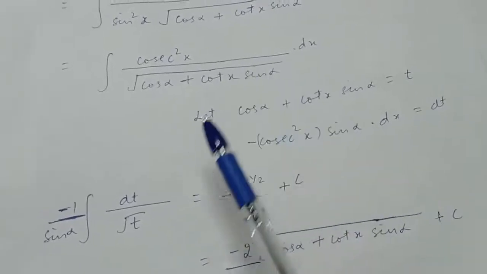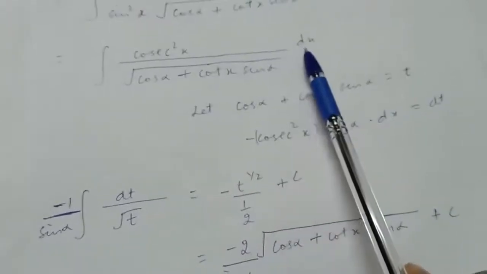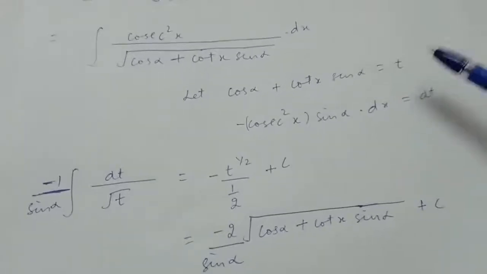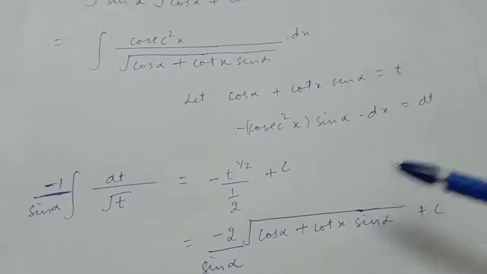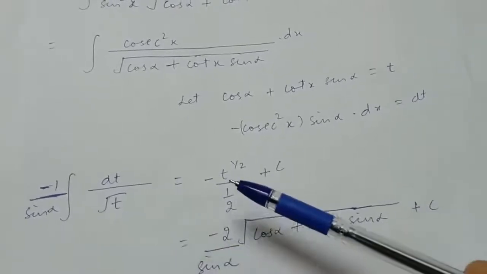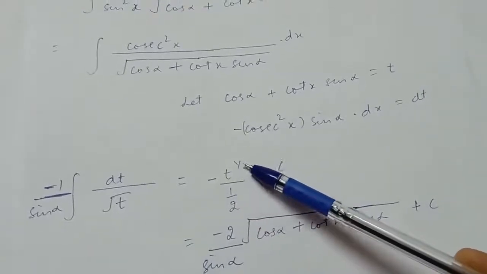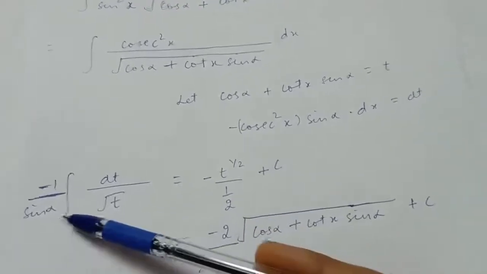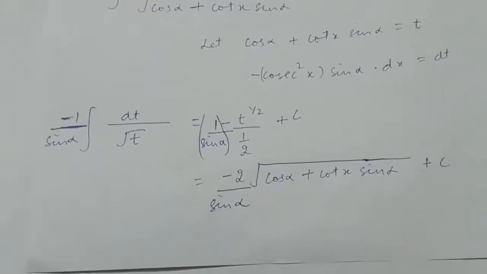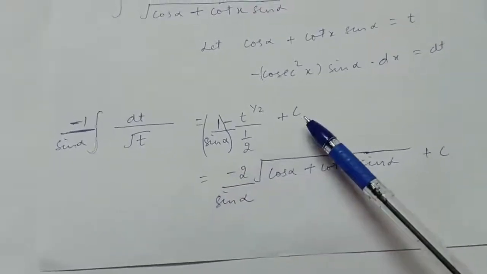Now this integral will become 1 upon root t, and in place of cosecant square x dx, you will get minus dt upon sin alpha, right? Now the integral of t raised to the power minus 1 by 2 will be t raised to the power 1 by 2 upon 1 by 2, and the constant 1 by sin alpha will remain as it is, with a minus sign, plus c.